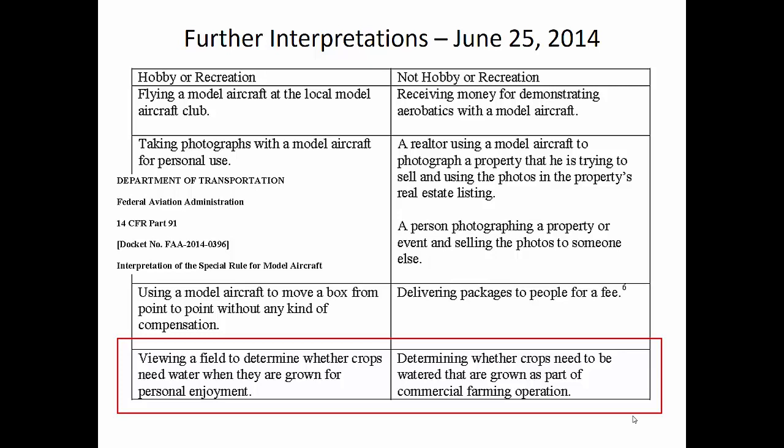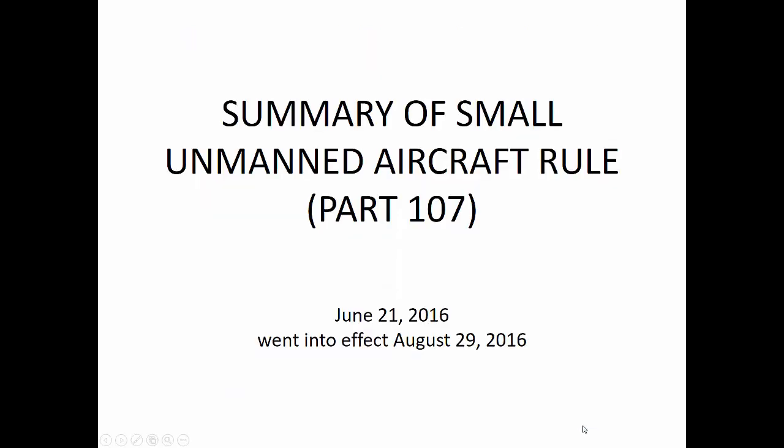That is a recreational use, unless you're marketing your farm for further business. But if you're making a decision, such as what we discussed in a previous presentation about nitrogen, then that is considered part of the operation, and it's a business use, and it's not recreational. So we'll see how the changes in the rules would affect that.